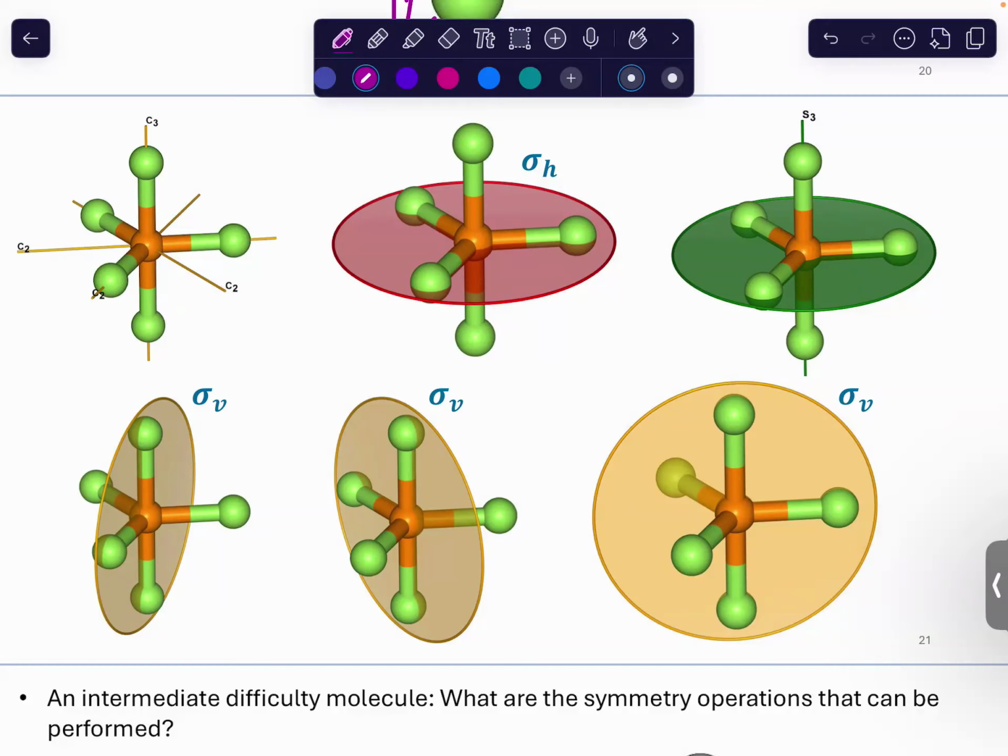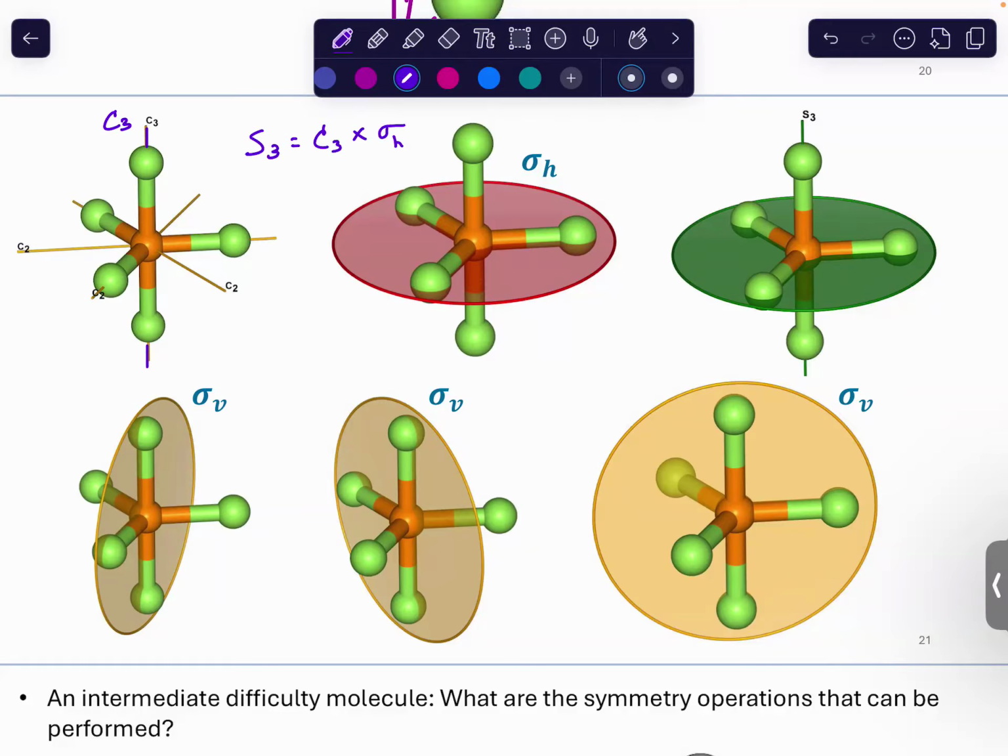So when you say S3, it just means that you have both the. Yeah, so your S3 will be a combination of your C3 and your sigma H. So the way we represent that is your S3 will be a C3 and your sigma H. Is that a cross product?